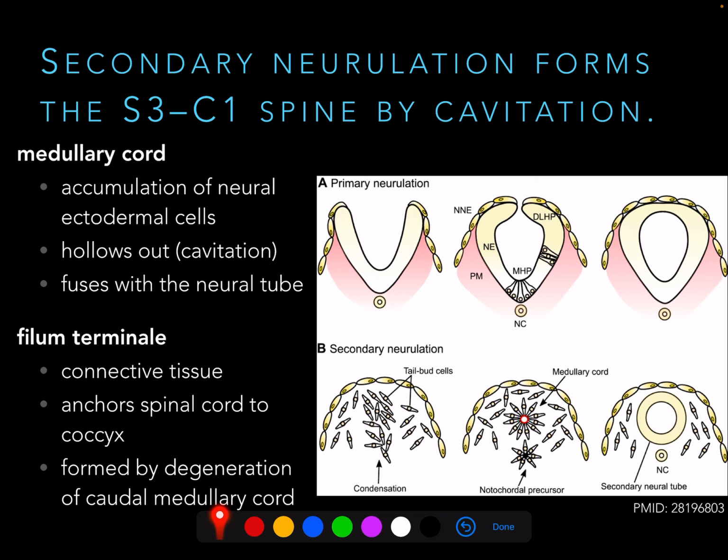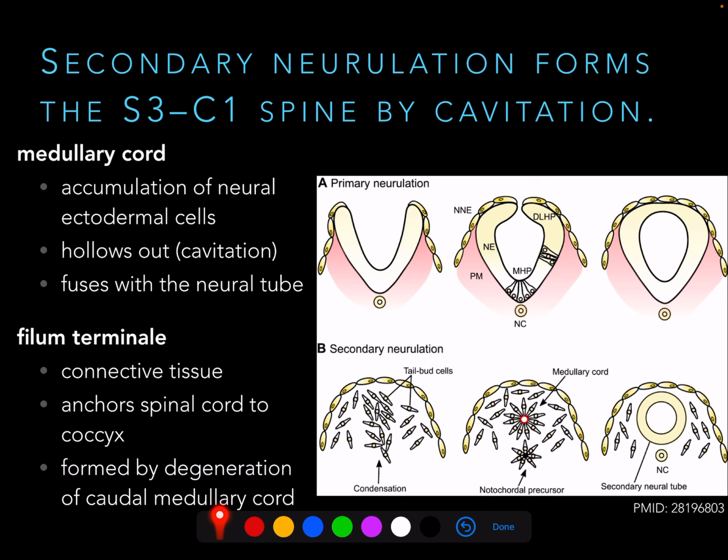One last thing to think about before we talk about the neural tube defects. So we've separated our nervous tissue from the skin, and we've built our vertebrae. This is all wonderful. We're going to continue to grow now. Here's the deal, though.